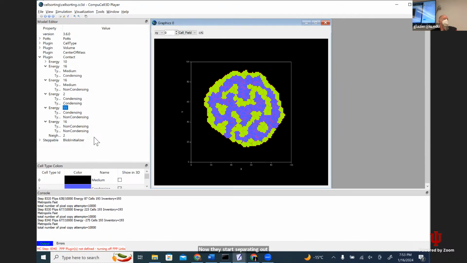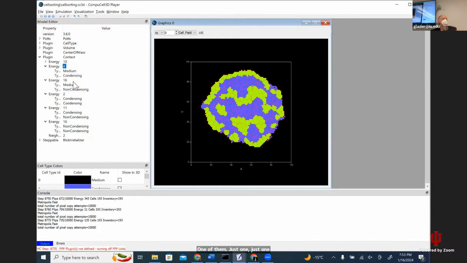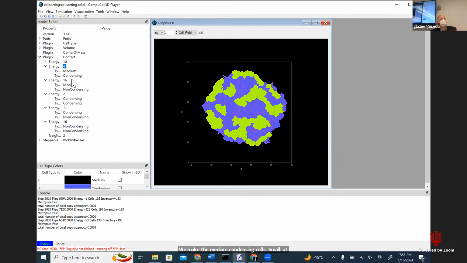Why don't we make cell medium contact energy smaller? One of them. Just one. We make the medium condensing cells small, contact energy small. The medium cells are going to start moving out, dispersing into the environment.